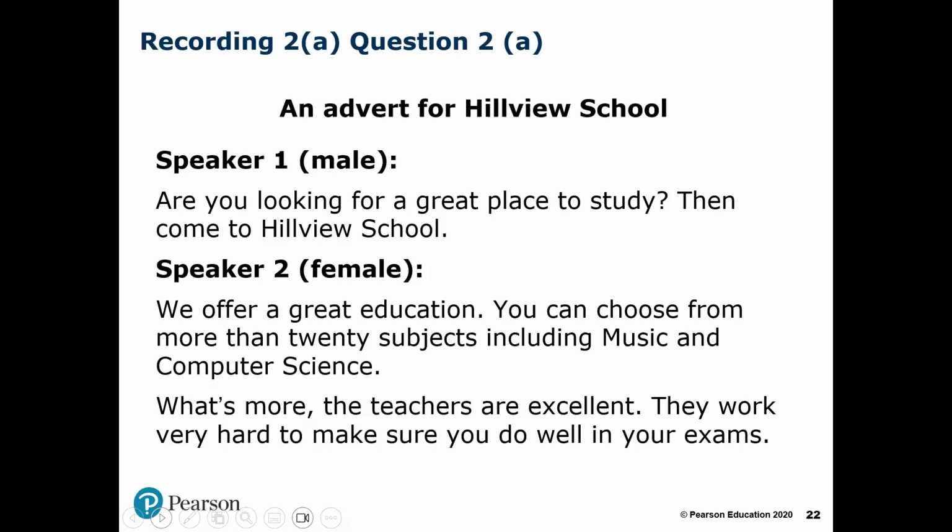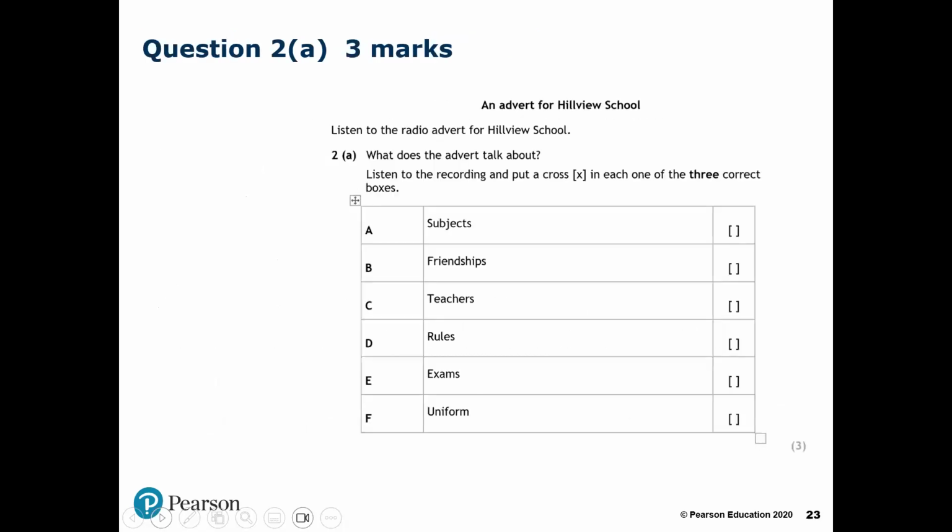You see that we're beginning to get some slightly more complex vocabulary, but still quite straightforward at this point. And question 2A will be a multiple completion type activity, so it will look like that. So what does the advert talk about? Listen to the recording and put a cross in each one of the 3 correct boxes.